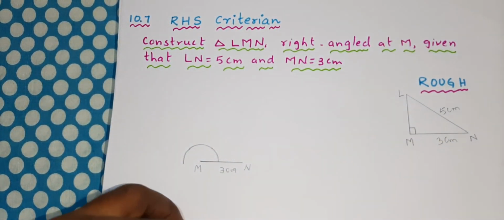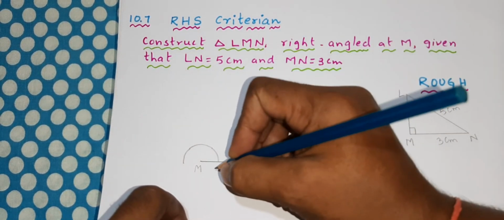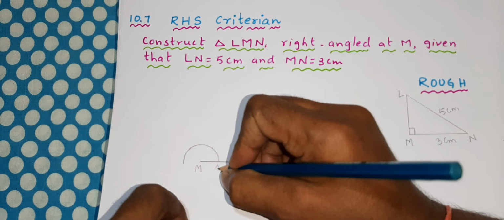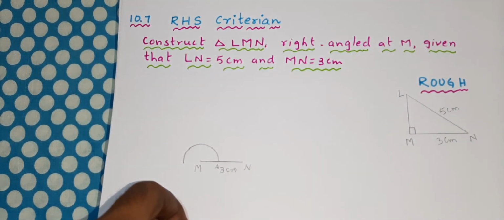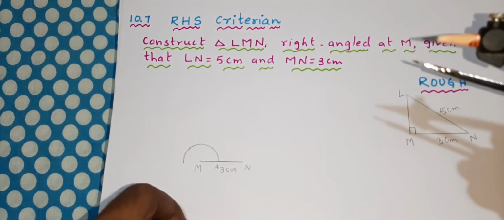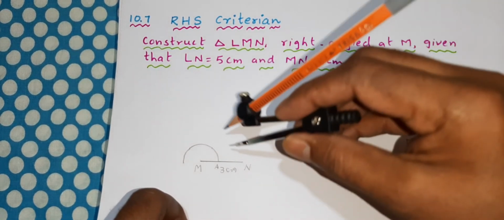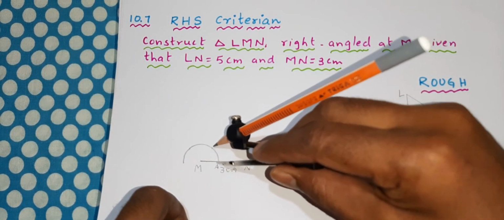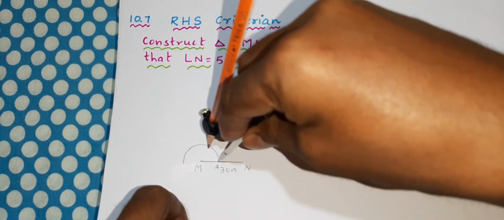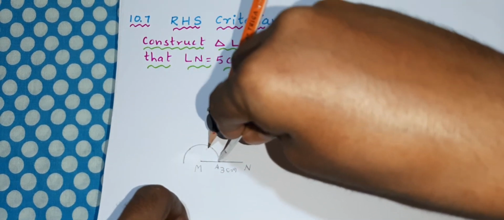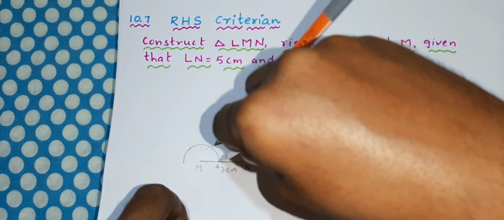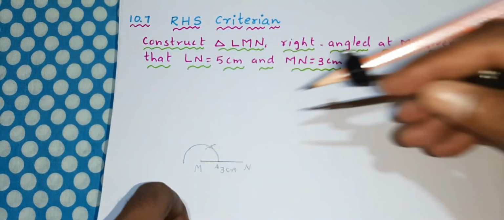Right. With that same radius, see this here. This arc will intersect MN at a point A. Okay. Now with that same radius, without changing that radius, take center as A, draw the arc. This will become 60 degrees. Okay.